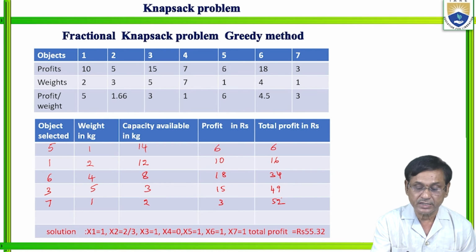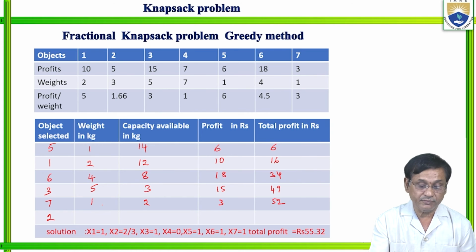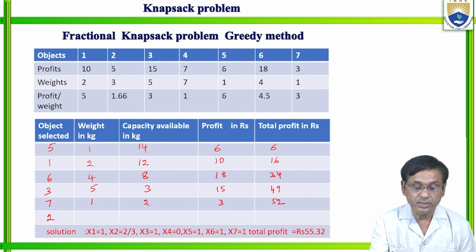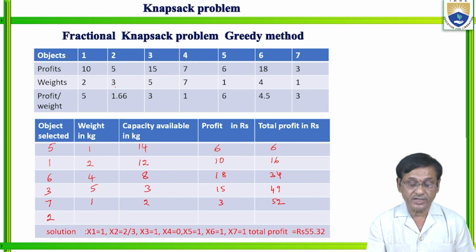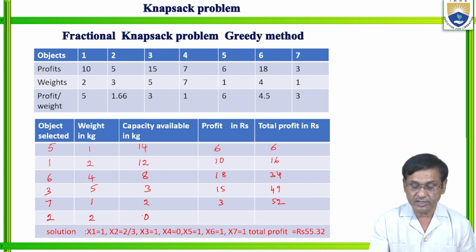Then last we can consider 1.66, which corresponds to the second job. The weight of the second job is 3 kg, but we cannot consider that entire 3 kg. We want only 2 kg, so we consider 2 kg and the balance becomes 0.